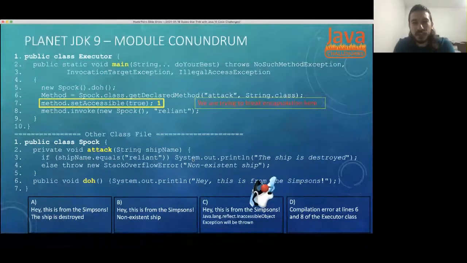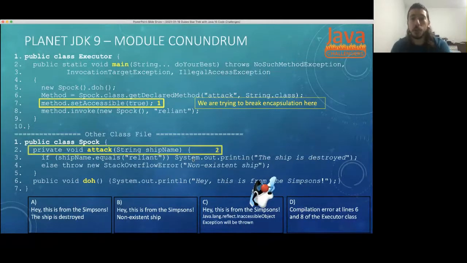Okay, so why is it C? It's because we're trying to break encapsulation, and that's one of the biggest benefits of using modules, because we really have encapsulation. We can't break a private method's encapsulation, even if we use reflection with setAccessible true, it won't work.